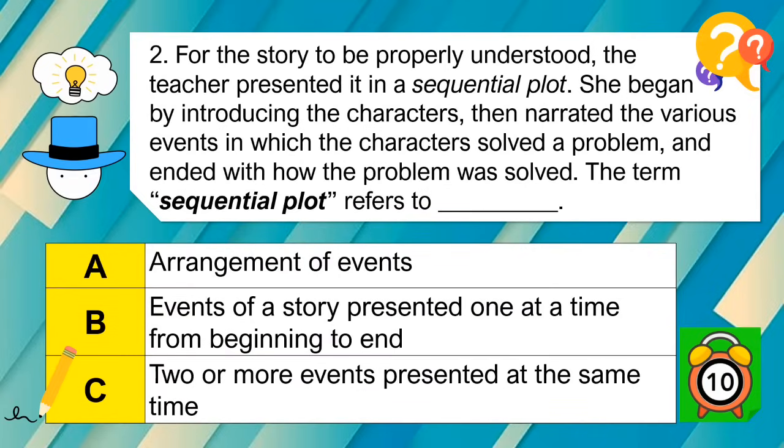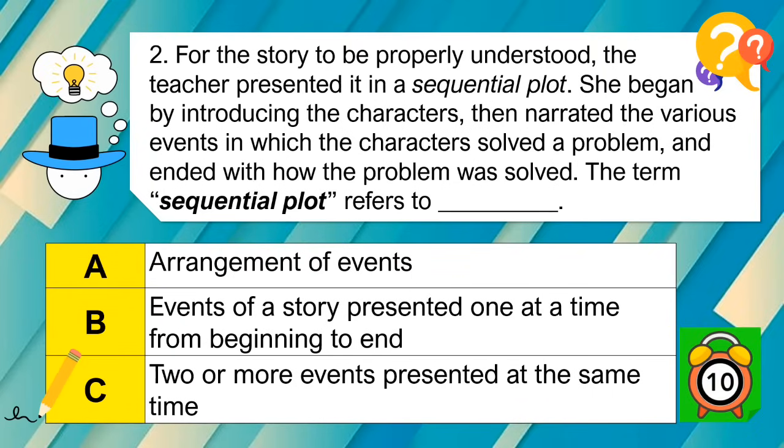Number 2. For the story to be properly understood, the teacher presented it in a sequential plot. She began by introducing the characters, then narrated the various events in which the characters solved a problem, and ended with how the problem was solved.